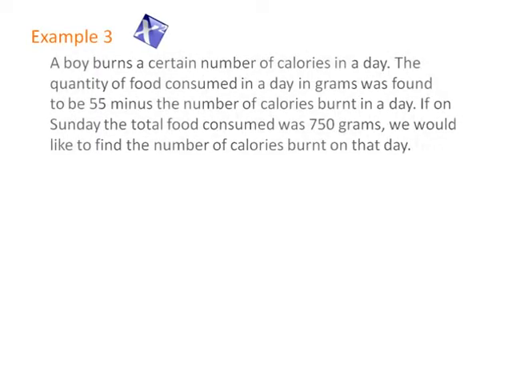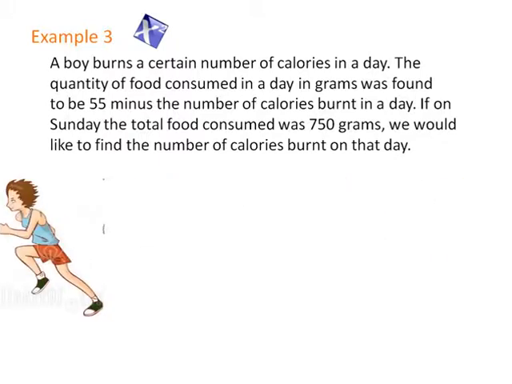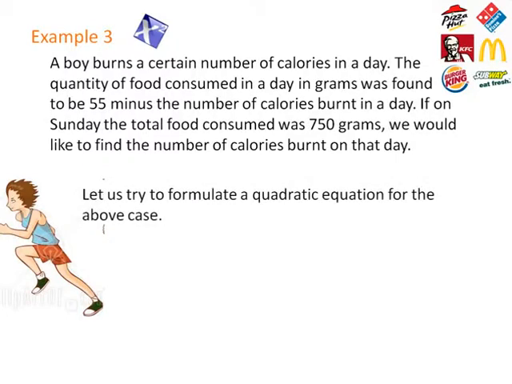Consider this example. A boy burns a certain number of calories in a day. The quantity of food consumed in a day in grams was found to be 55 minus the number of calories burnt in a day. If on Sunday the total food consumed was 750 grams, we would like to find out the number of calories burnt on that day.